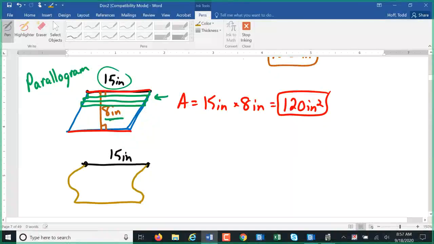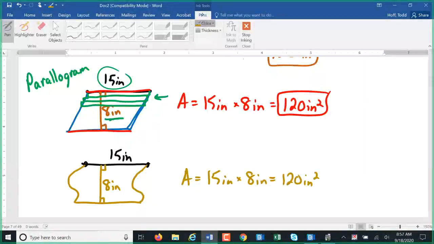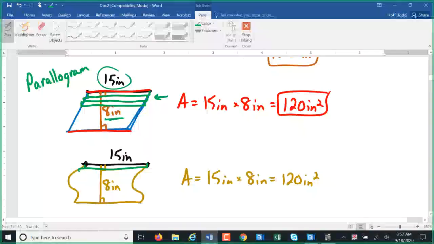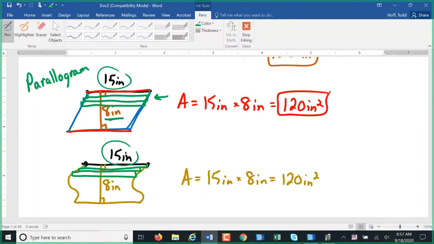As long as it stayed parallel to its original orientation, and as long as the distance it moved from where it started to where it stopped is still 8 inches, the area of that is still 15 inches by 8 inches, or 120 inches squared. And again, the reasoning is I can think of this as being really thinly sliced rectangles that fill this in. Each of those rectangles is going to be 15 inches long, and the total width is going to add up to 8 inches. So it would still fill up that 15 by 8 rectangle that we had up top.